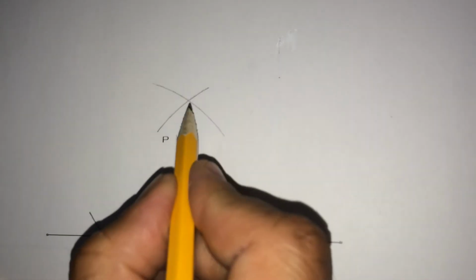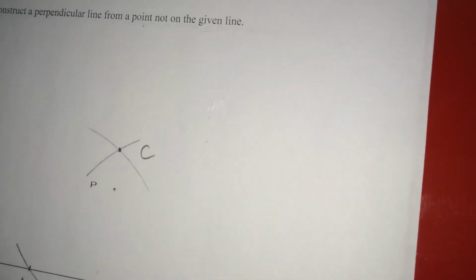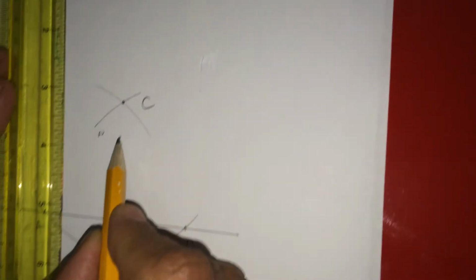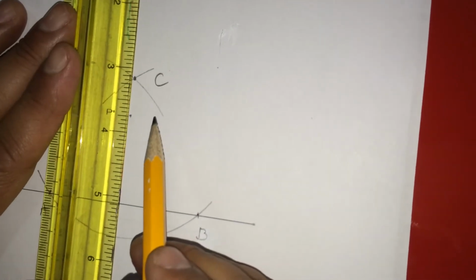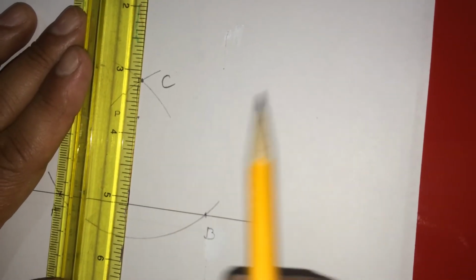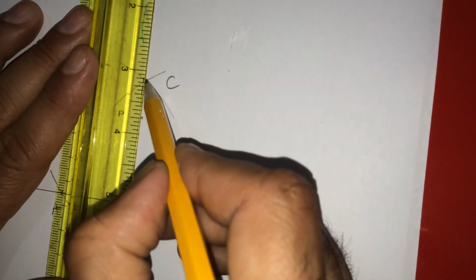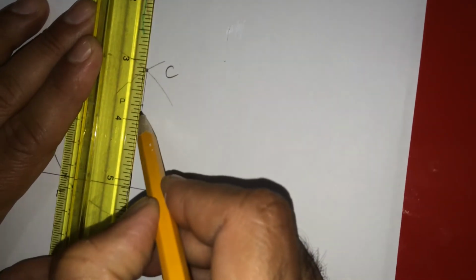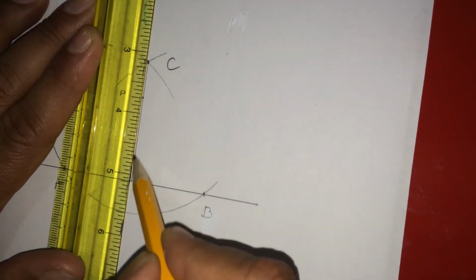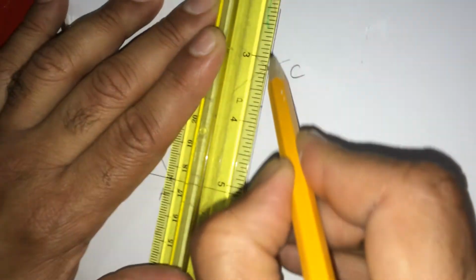Locate that point. You can name it C, and now I join P and C like this. I produce that to the line, and also a little bit more.